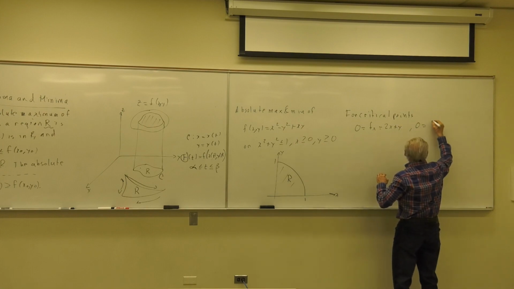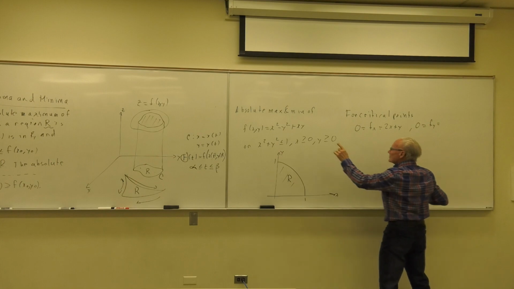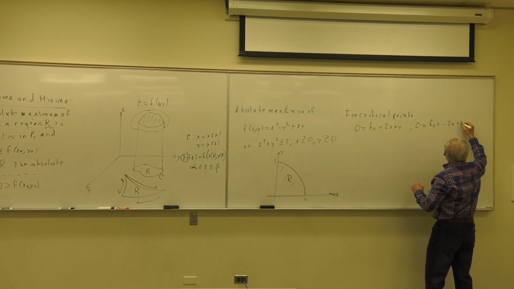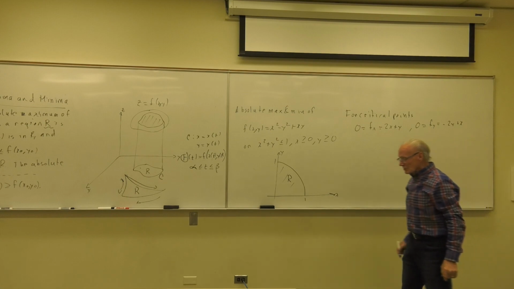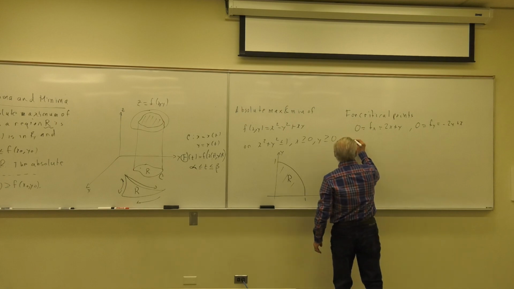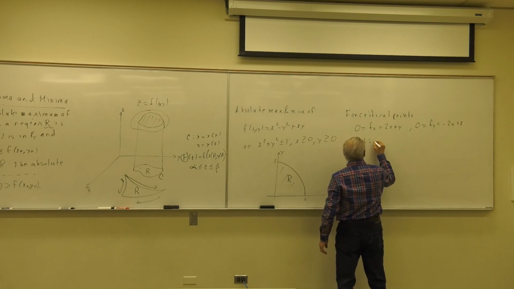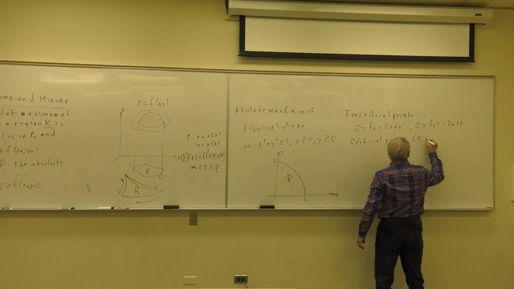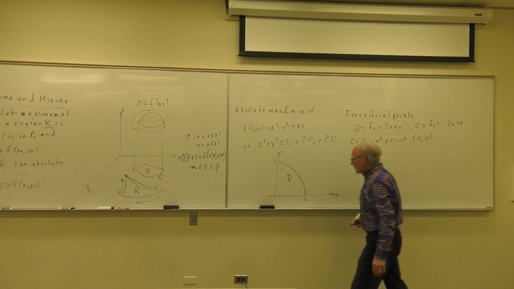And 0 is equal to f sub y. F sub y is minus 2y plus x. Solution, 0, 0. Critical point, one and only. The origin is a critical point.